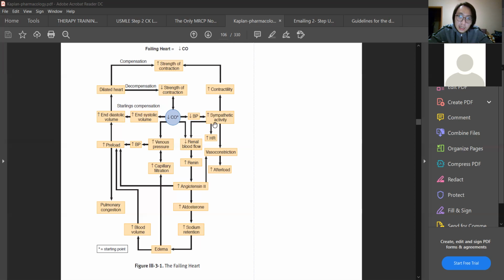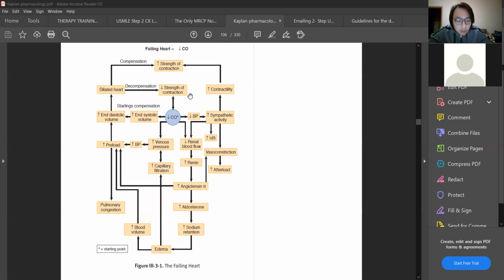What it does is help to increase your heart rate, see tachycardia, your vasoconstriction as well, and because there is now an increase in contractility, the strength of your contractility will increase too. Remember, an increase in contractility does not mean that the strength is also increased. Remember, inotropic, chronotropic, they are all different. Right. But this is when it is compensated.